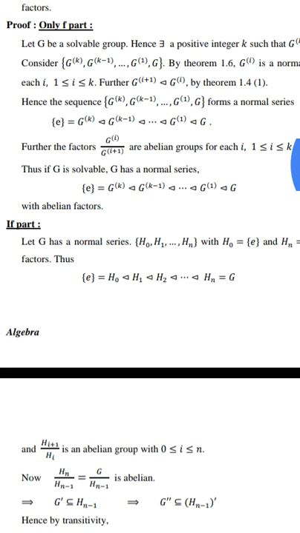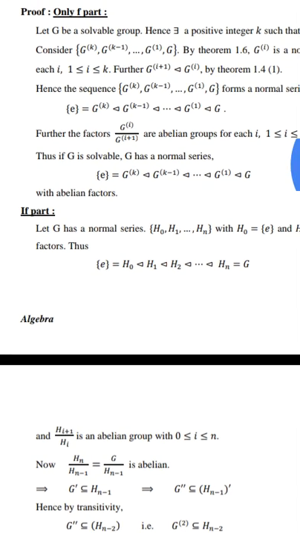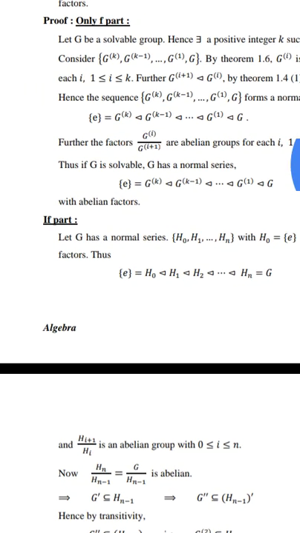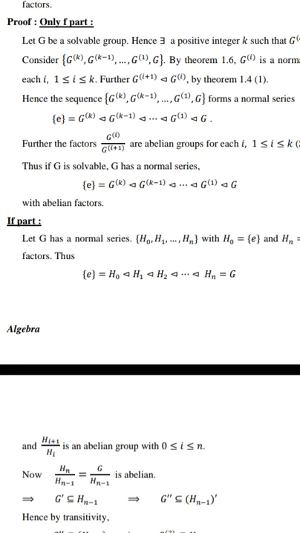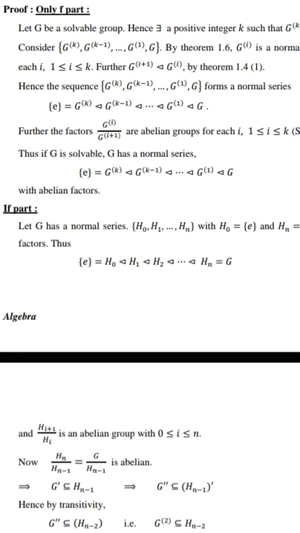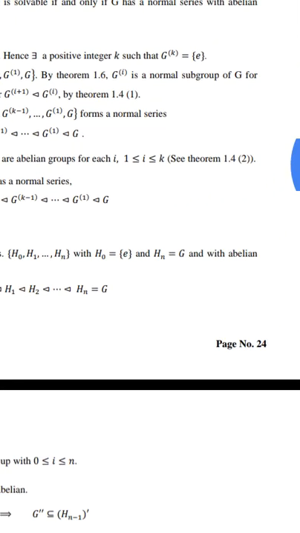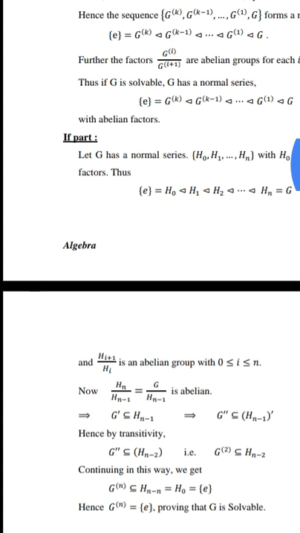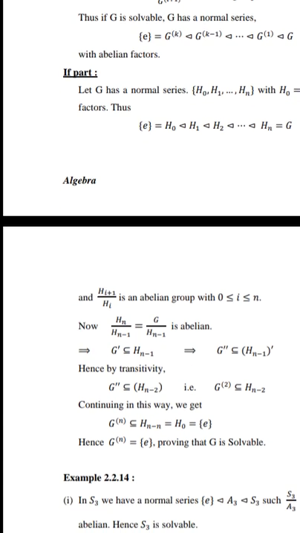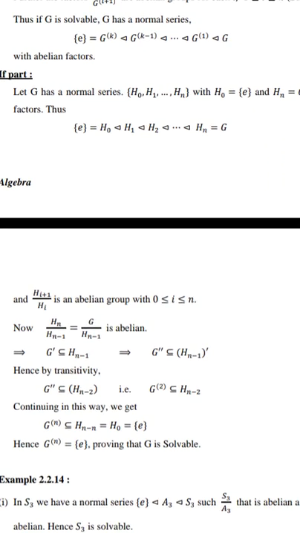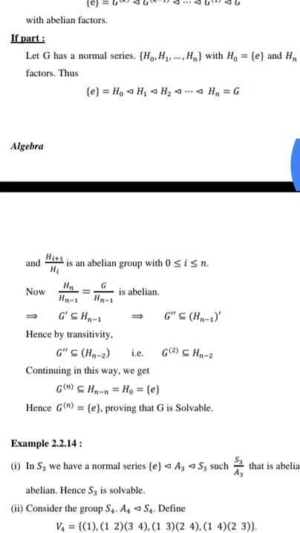Hence the sequence G raised to k, G raised to k minus 1, and so on, forms a normal series: singleton E is equal to G raised to k, normal in G raised to k minus 1, normal in ..., G raised to 1, normal in G. Further, the factors G raised to i divided by G raised to i plus 1 are abelian groups for each i, 1 less than or equal to i less than or equal to k, as G is soluble. So G has a normal series singleton E equal to G raised to k normal in G raised to k minus 1 normal in ... G raised to 1 normal in G, with abelian factors.